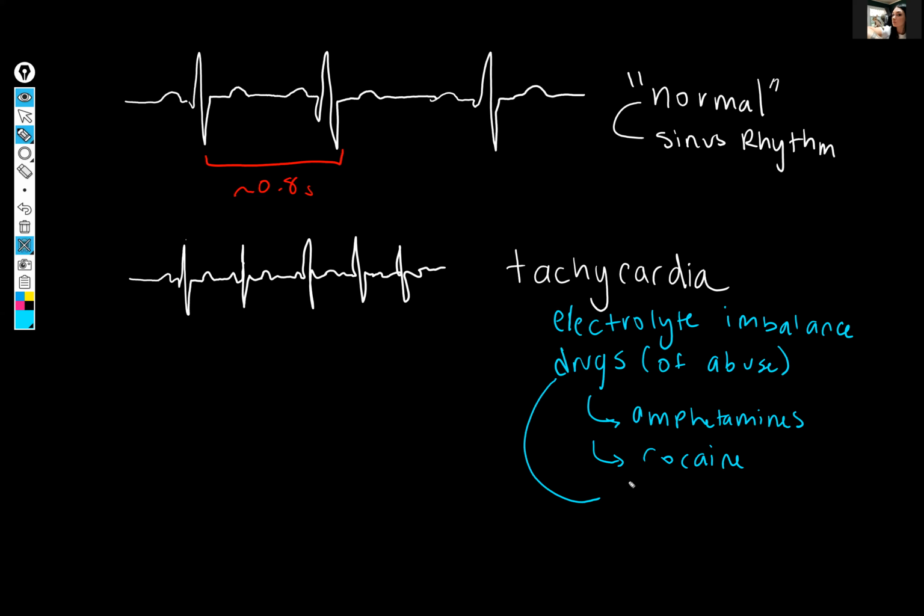So for example, Ritalin or dextroamphetamine, which is another name for Adderall. Those are prescribed drugs, and when used as prescribed, one side effect is some degree of tachycardia because they are stimulants, but as long as they're taken as directed, they shouldn't cause life-threatening tachycardias.